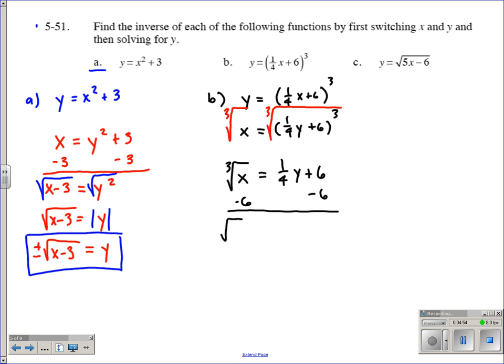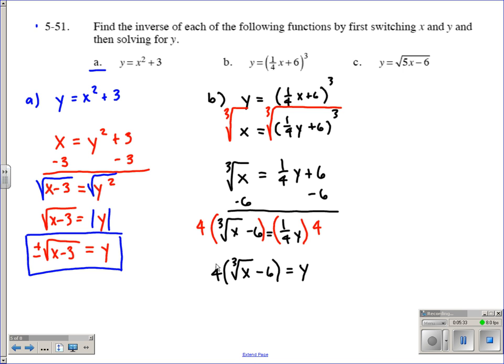So we're looking at the cube root of x minus 6 is equal to 1/4 times y. Last step here, if we want to make it a whole y, we're going to have to multiply this side by 4. And we end up with 4 times the quantity of the cube root of x minus 6 equals y.